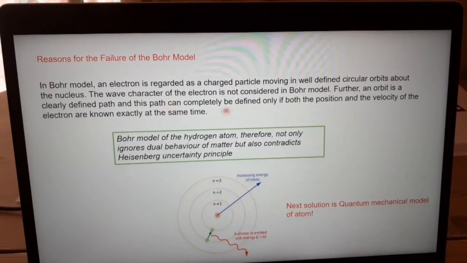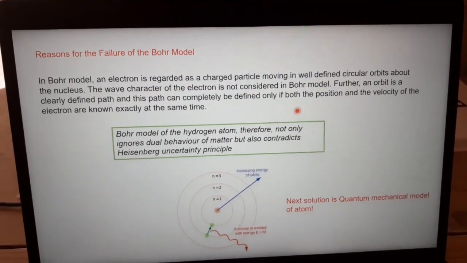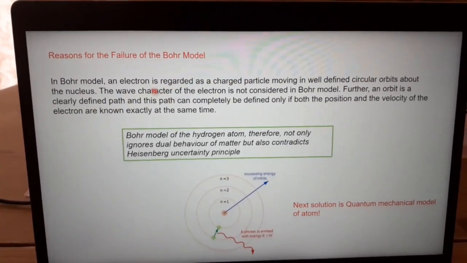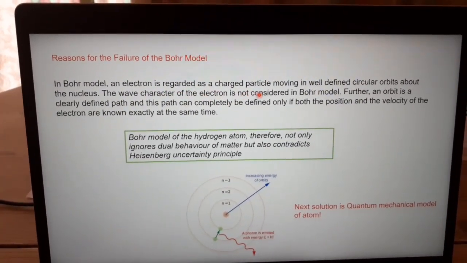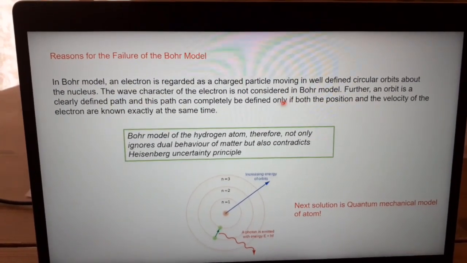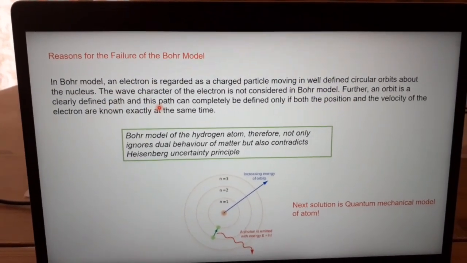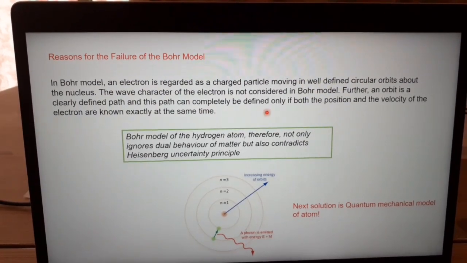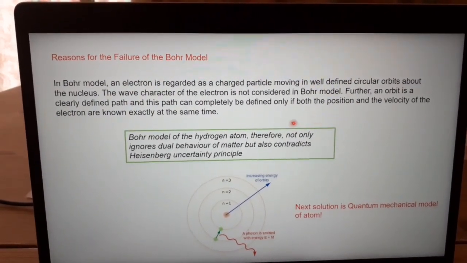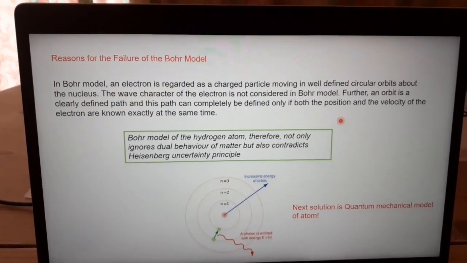So quantum mechanics is a well-established finding for the atomic model. This is the limitation of Bohr's model, that it only gives an idea of the particle behavior of the electron. Further, the orbit is a clearly and completely defined path, where it's possible to get the position and velocity at the same time.